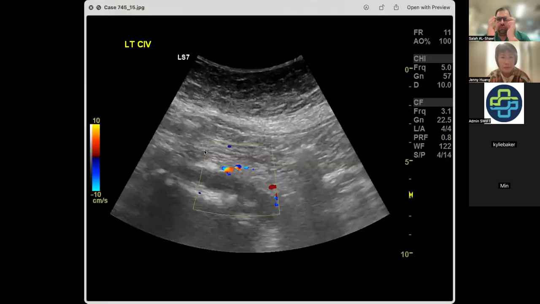And when we looked at the common iliac vein, coming up through the abdomen, I couldn't get any colour there. Now, the Doppler angle here is not great, and seeing flow in the common iliacs can be difficult because we're perpendicular to the beam.